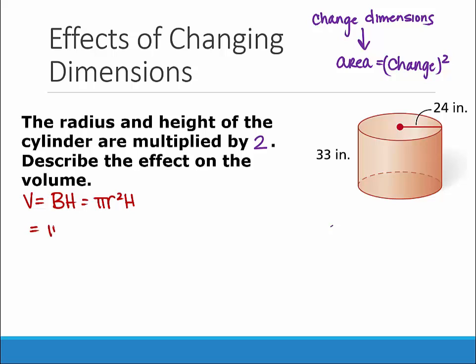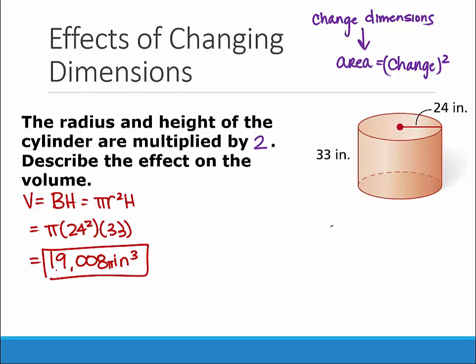So we have pi times our radius, which is 24 squared, times 33. And if we throw that into our calculator, 24 squared times 33 gives us 19,008 inches cubed. Oops, we forgot pi. So that's the original one.